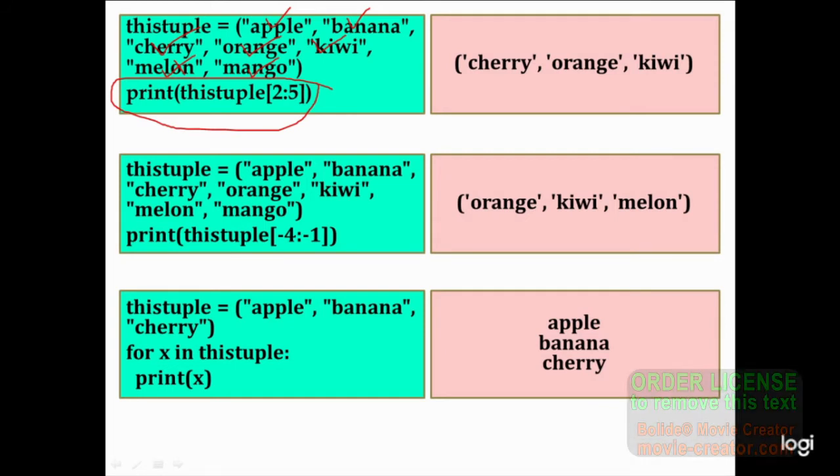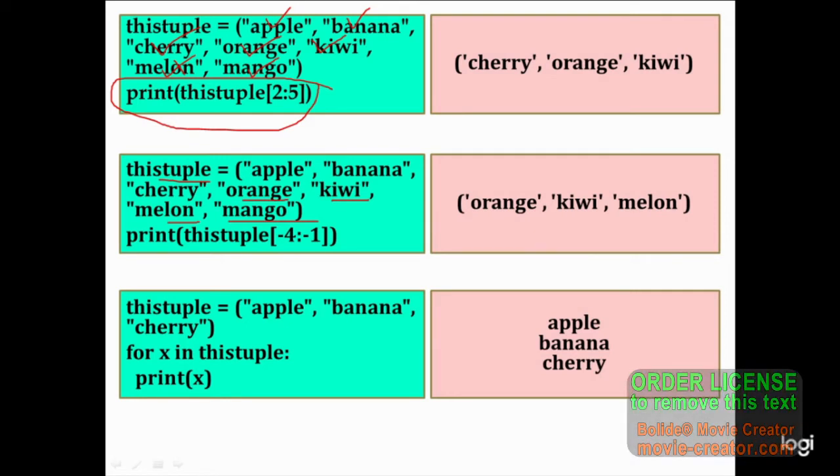Next, an example of negative indexing. Tuple name, items are the same. The question is, print the items from -4 to -1. Let me see the data item at index -4. -1 is mango, -2 melon, -3 kiwi, -4 is orange.